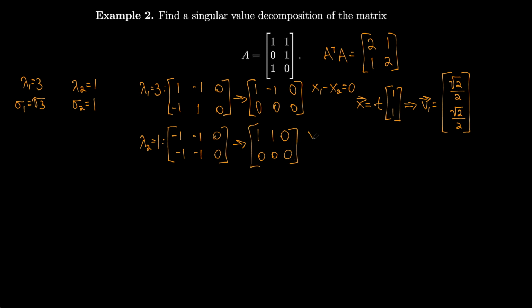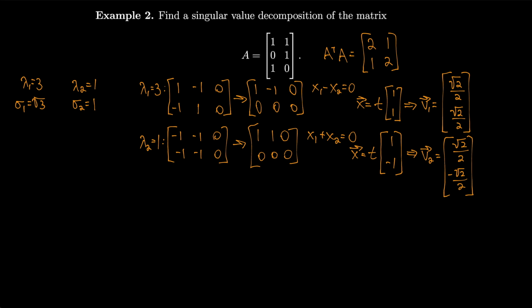So our top equation now is x1 plus x2 equals 0. That means our vector x, we could factor out t, and get 1, minus 1, because x1 is minus x2. By normalizing that, we get our second vector for our orthogonal basis, square root of 2 over 2, minus square root of 2 over 2.